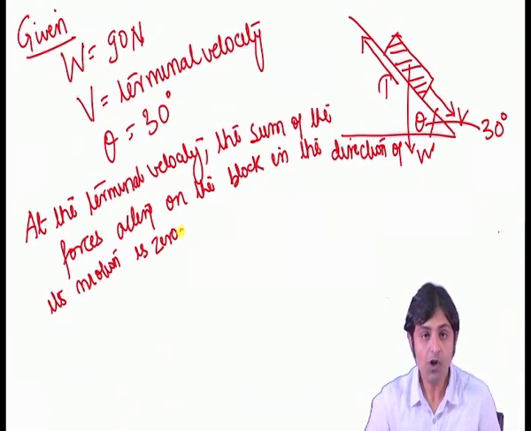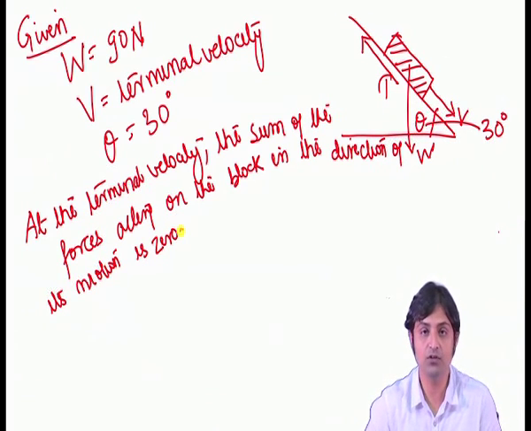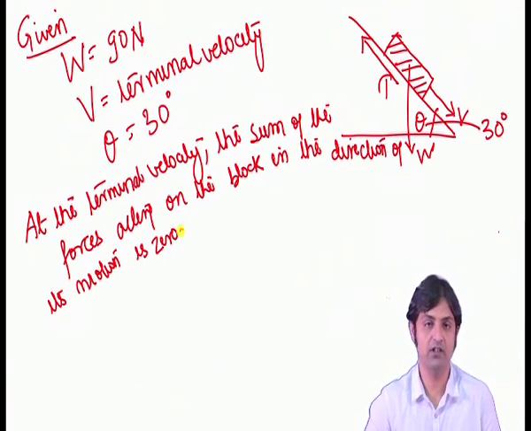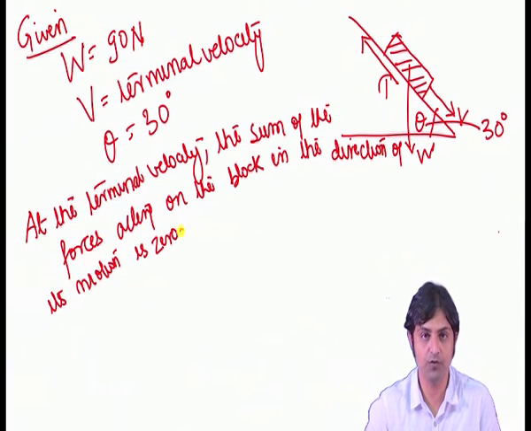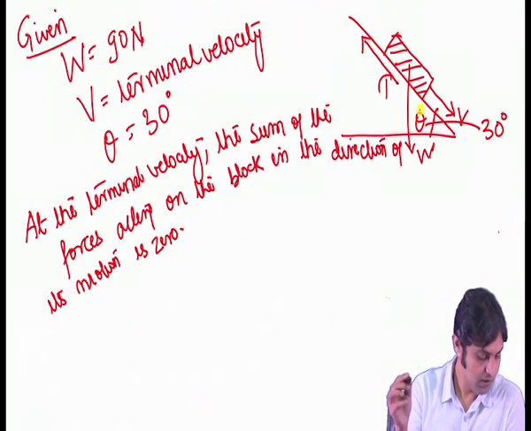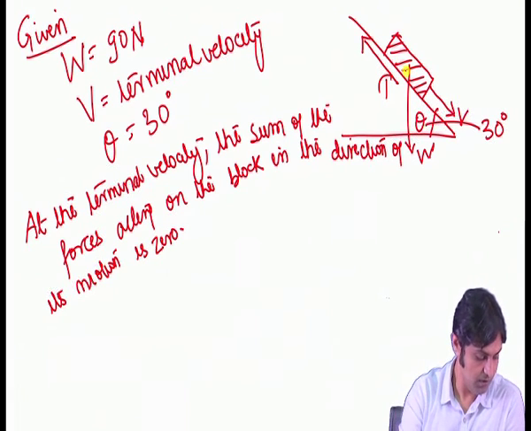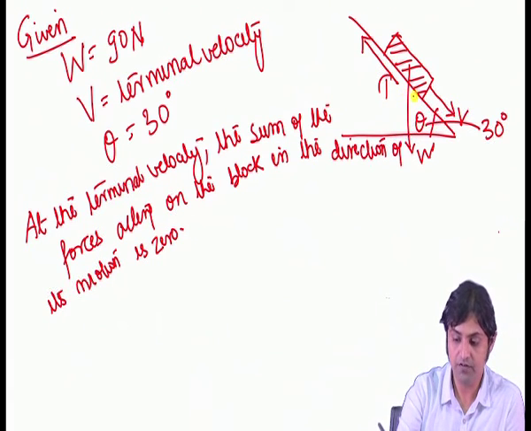So what happens at the phenomenon called terminal velocity? If the net force acting on the block is 0, then only there will be a terminal velocity. Otherwise, the block will accelerate or decelerate depending upon in which direction the force is larger. So if we write down the force balance equation, the weight is acting downwards, right?